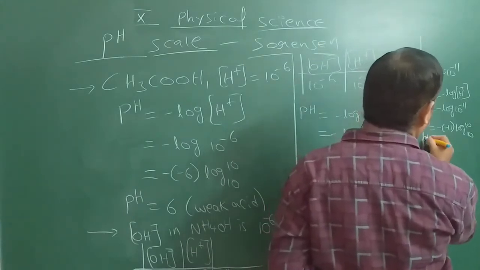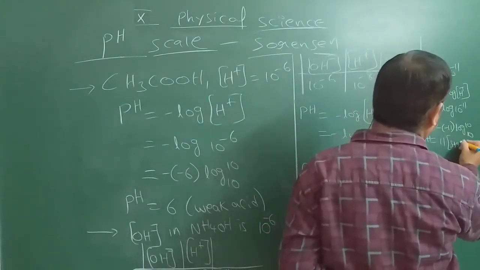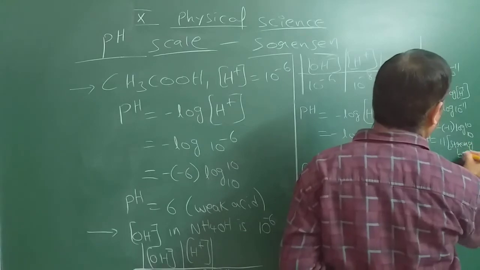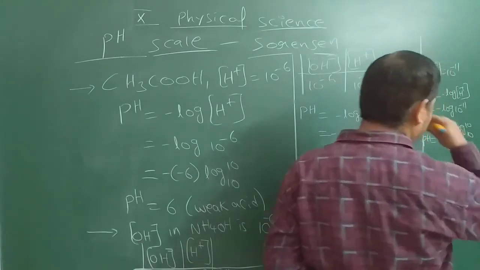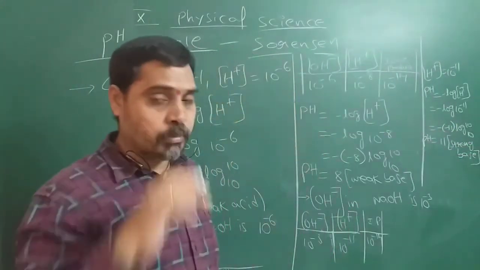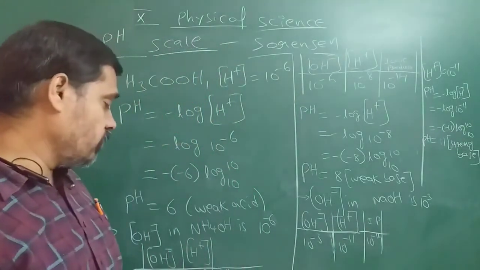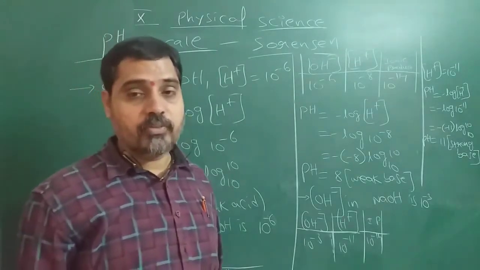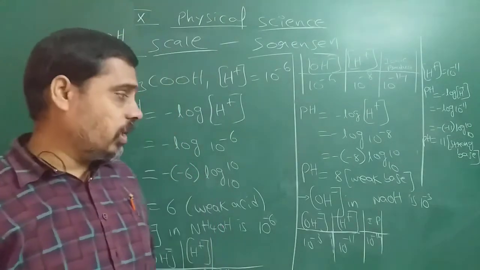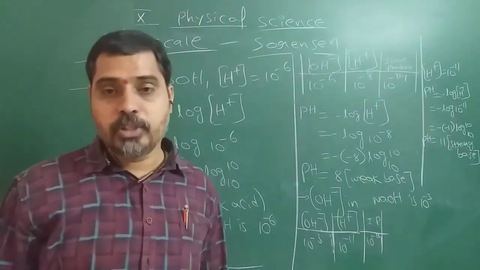If the pH value is 11, we will call it a strong base, because it is nearby 14. In that way, we can determine whether the given solution is a strong acid, weak acid, weak base or strong base. Please note it down, children.